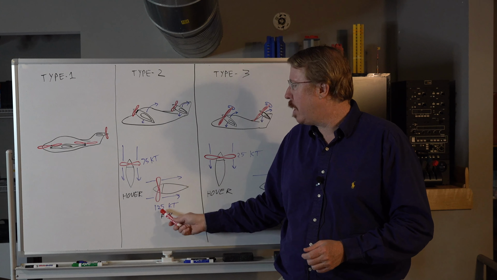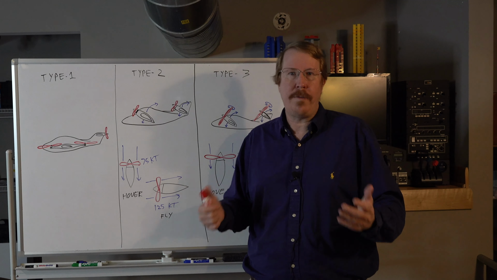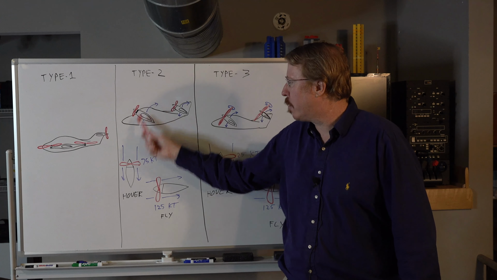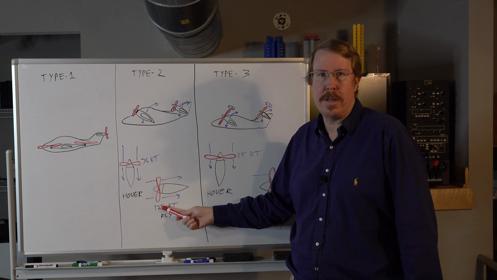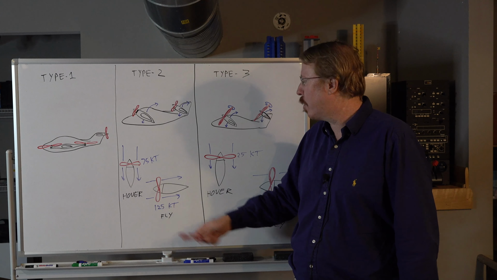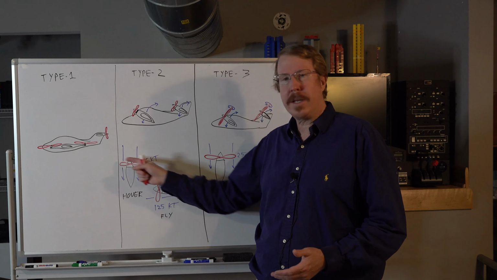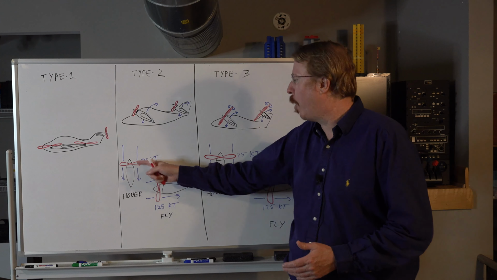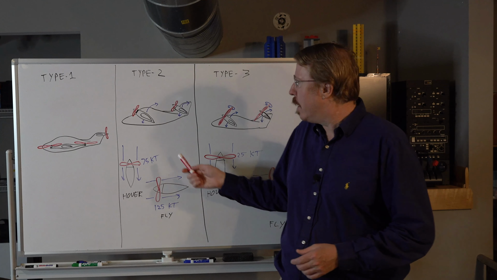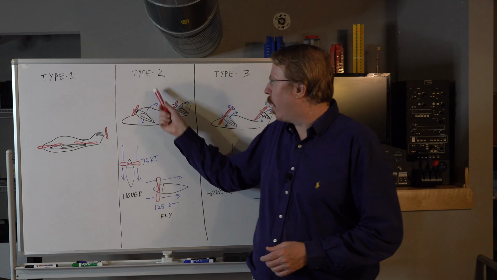This is a pretty narrow speed range. Can you design one fixed pitch propeller that can both handle the delta V of say 75 knots at hover and the speed through the disc of 125 knots in cruise? The answer is yes. That's a close enough speed range you can build one fixed pitch prop to handle both of these speeds. But if you had a really large prop with maybe a 25 knot speed through the disc, it would be an unworkable design, an unworkable propeller, because it couldn't work at both 25 knot hover and 125 knot cruise.